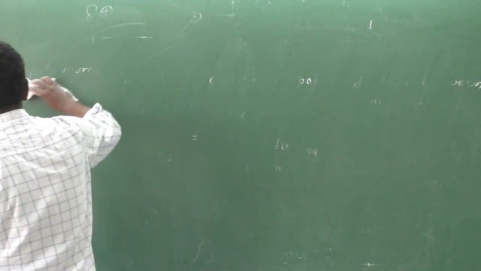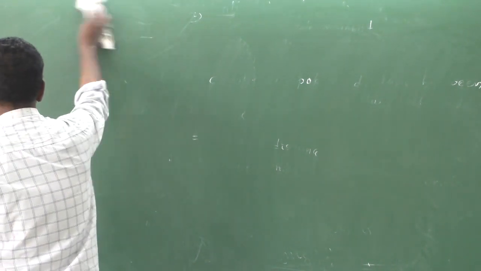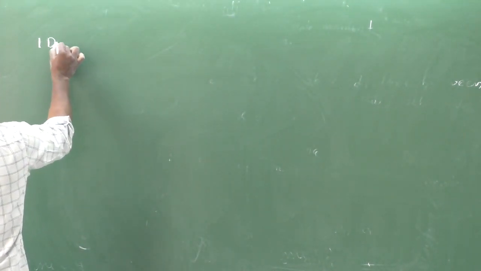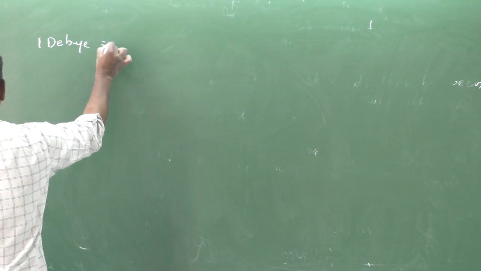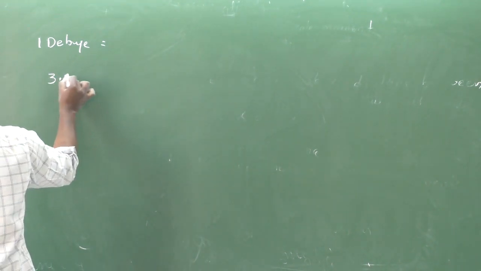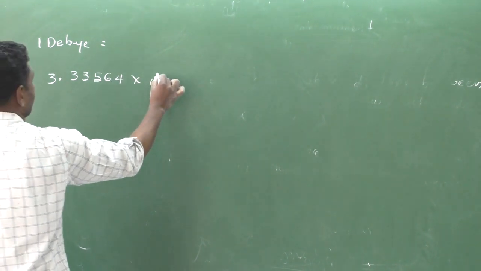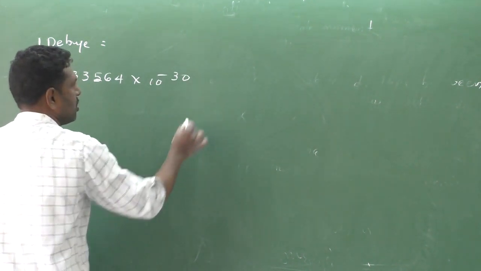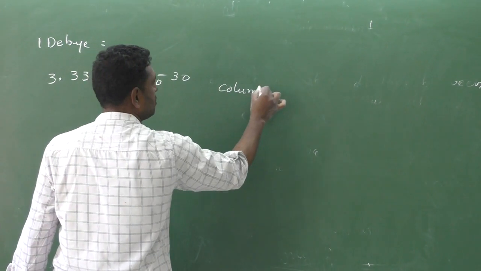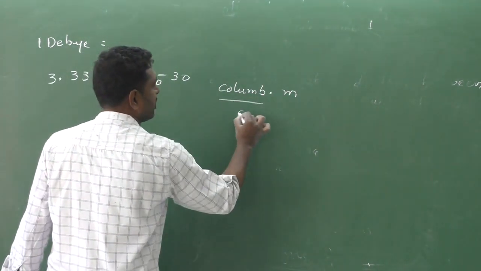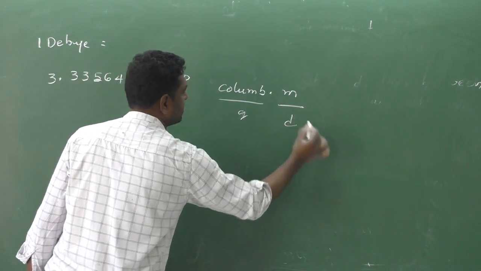One dipole equals 3.33564 times 10 power minus 30 coulomb meters. Coulomb for charge, meter for distance.